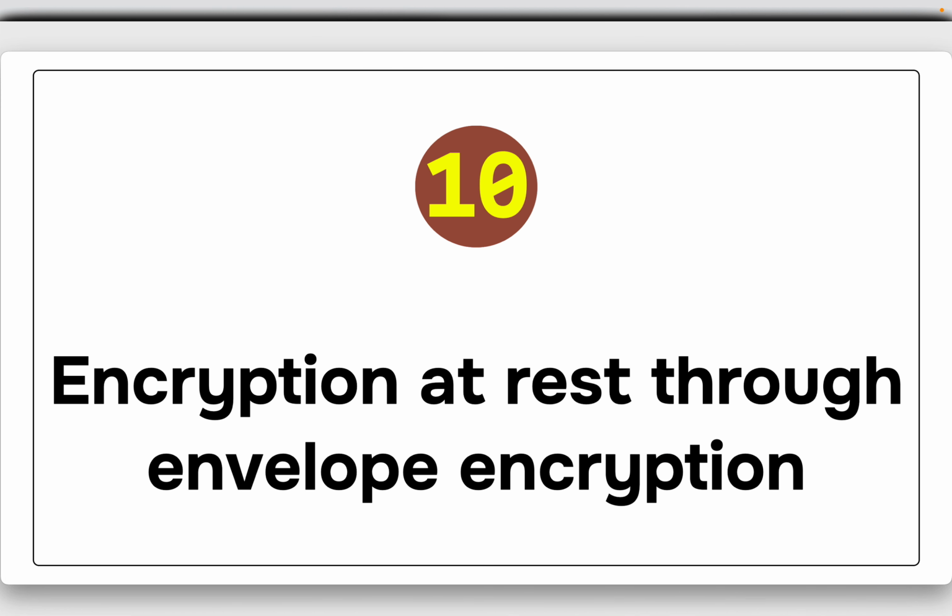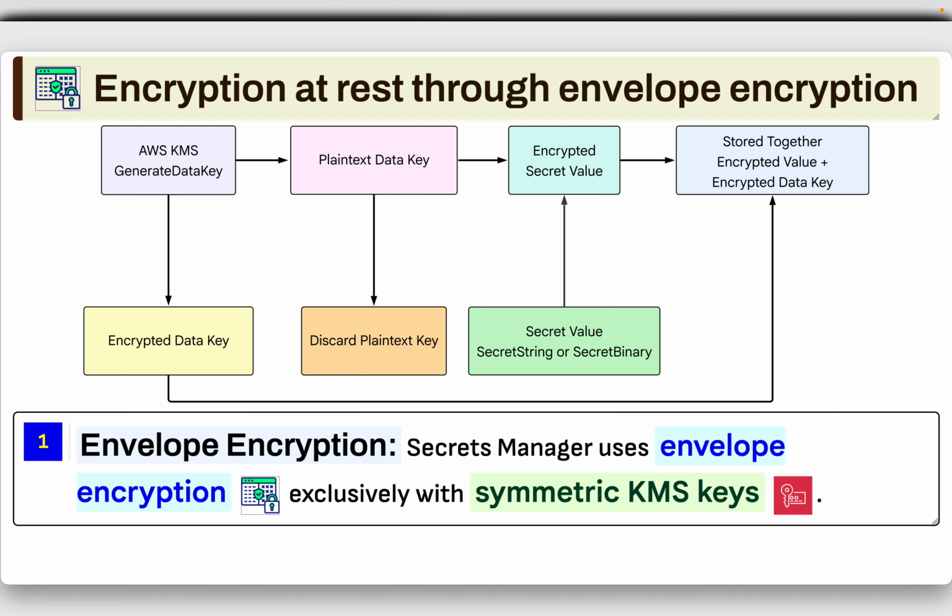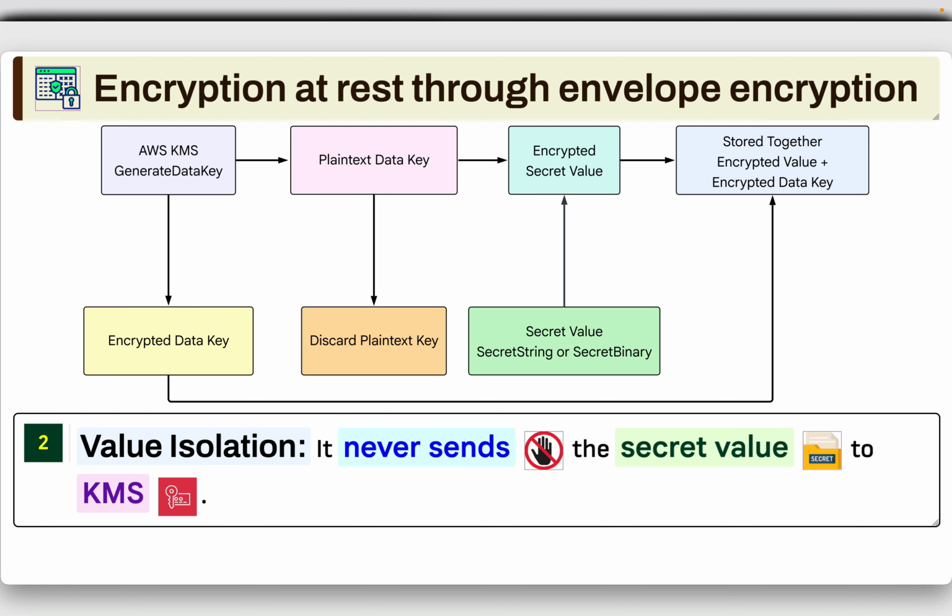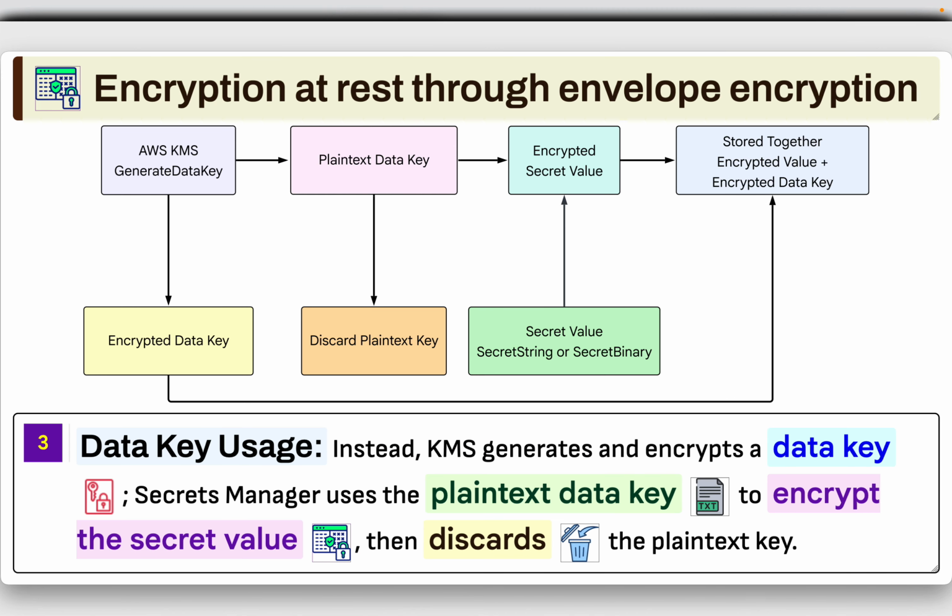Tenth topic is encryption at rest through envelope encryption. Secrets Manager uses envelope encryption exclusively with symmetric KMS keys. So, value isolation: it never sends the secret value to KMS. Instead, KMS generates and encrypts a data key.